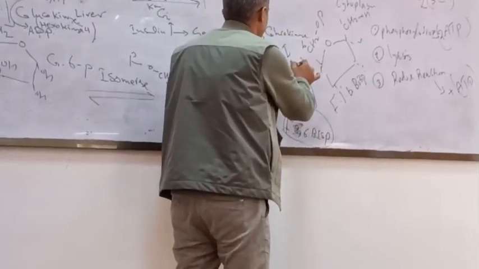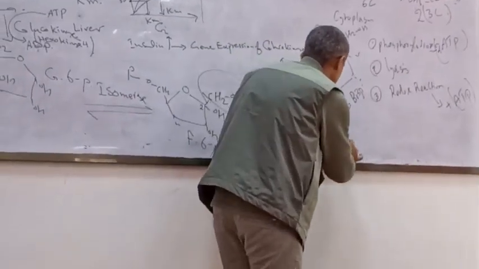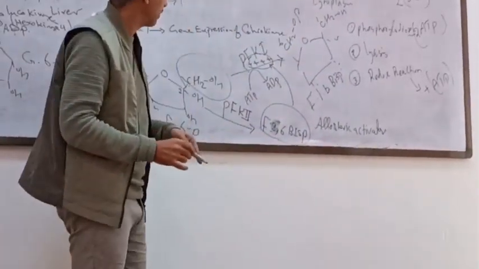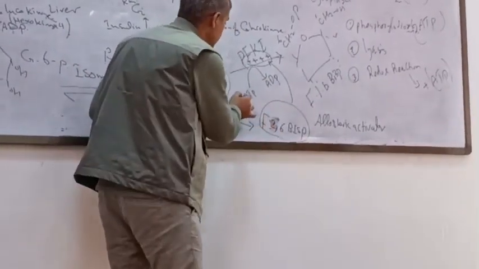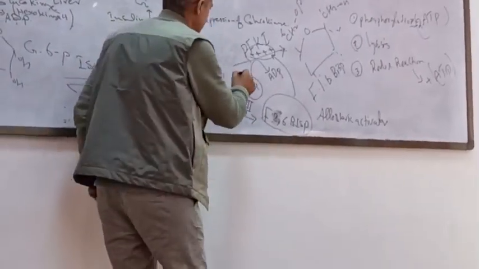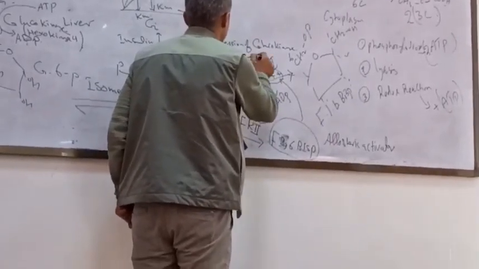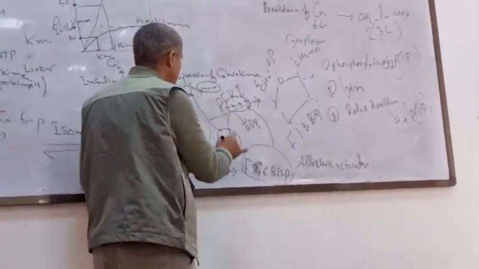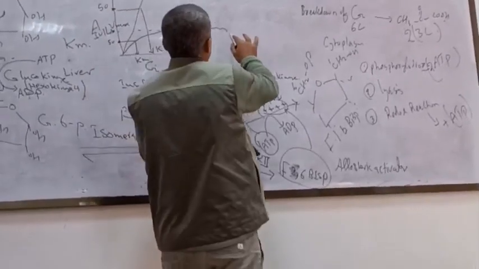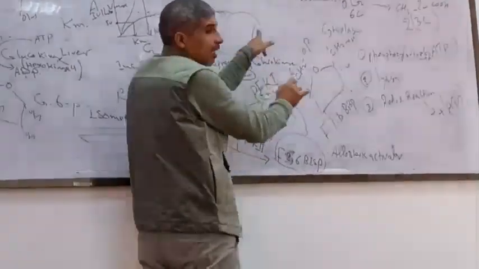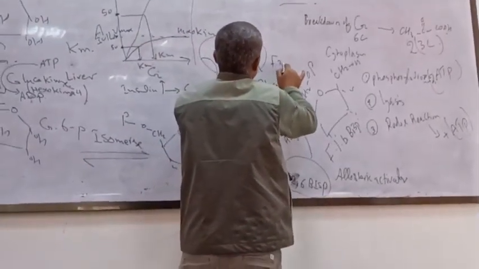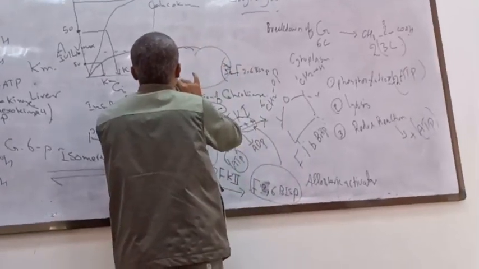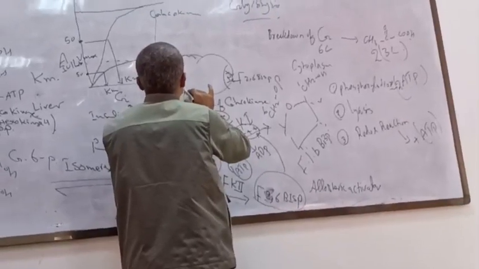When it forms, it causes activation. ATP is the allosteric inhibitor, causing inhibition. So phosphofructokinase 1 has two allosteric sites: one for fructose 2,6-bisphosphate for activation, and one for ATP as inhibitor.